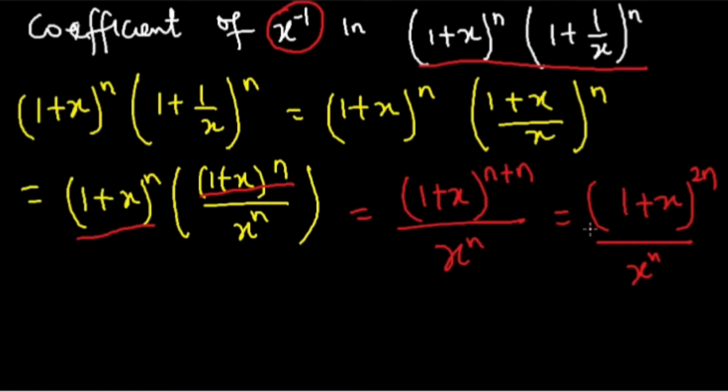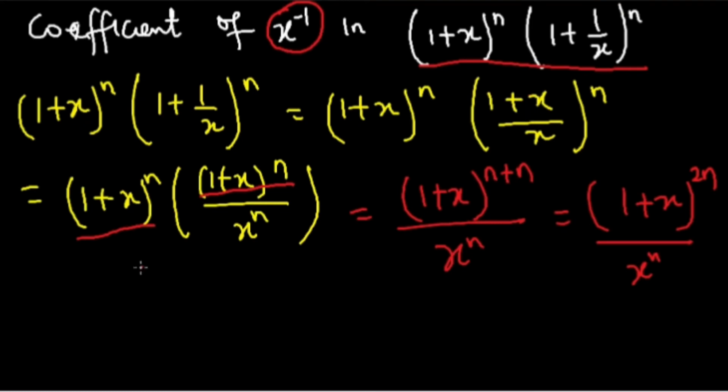And for a binomial expansion, we know that as this one decreases, our x will increase. So what we want to do is expand (1 + x)^n such that by the time we multiply it with 1 over x^n, we are going to get x raised to the power minus 1 in a particular term.